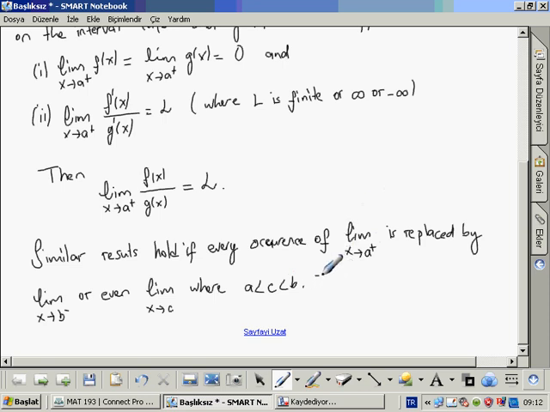The cases a equals minus infinity and b equals plus infinity are also allowed.